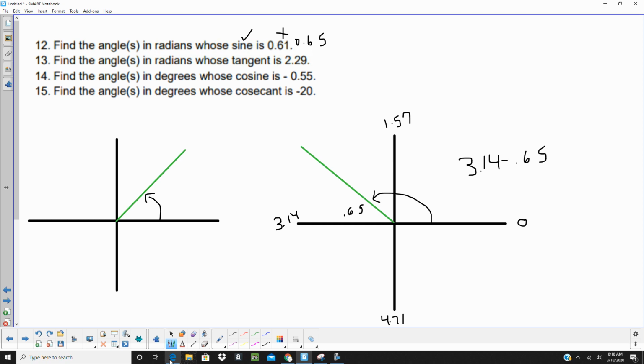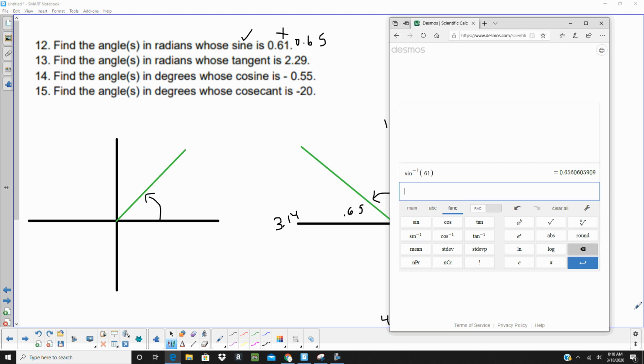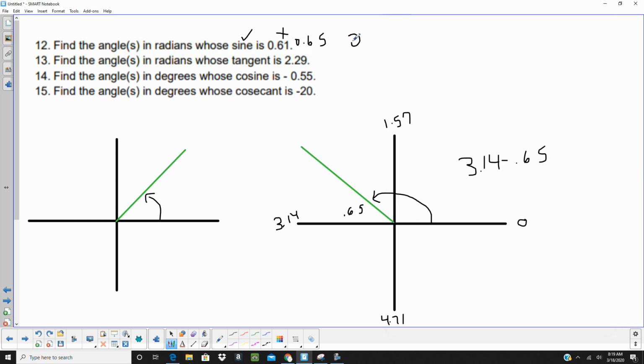And again, that's just going to be calculator work. 3.14 minus 0.65. Actually, I probably should have rounded that to 0.66. Just noticed that. And that's going to give me 2.484. So let's round that to 2.48. I'm going to round that to 6 as well.